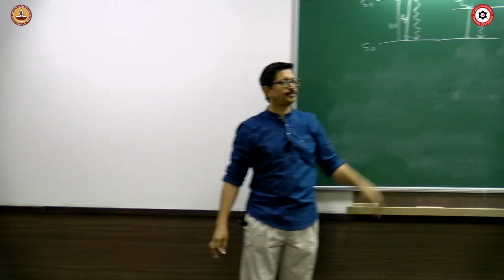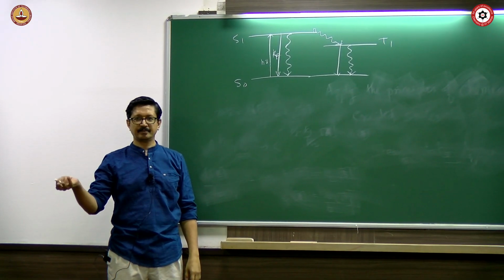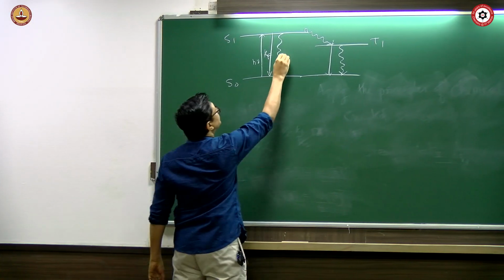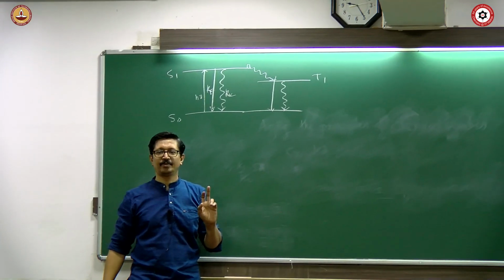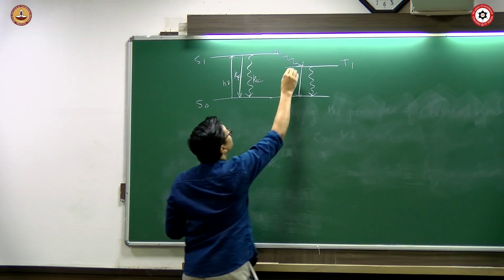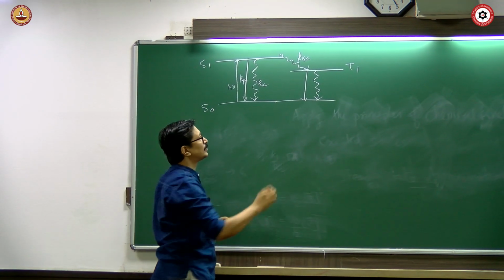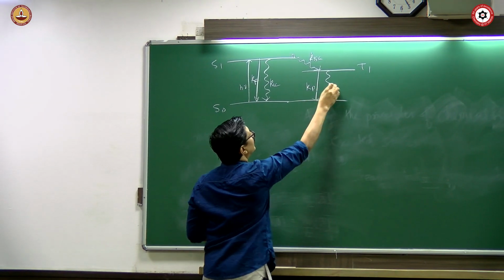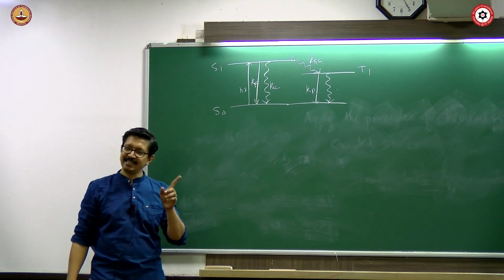What is this? There is a rate constant for that, KIC. What will be the rate constant for this one? KP. What is this? Inter-system crossing.